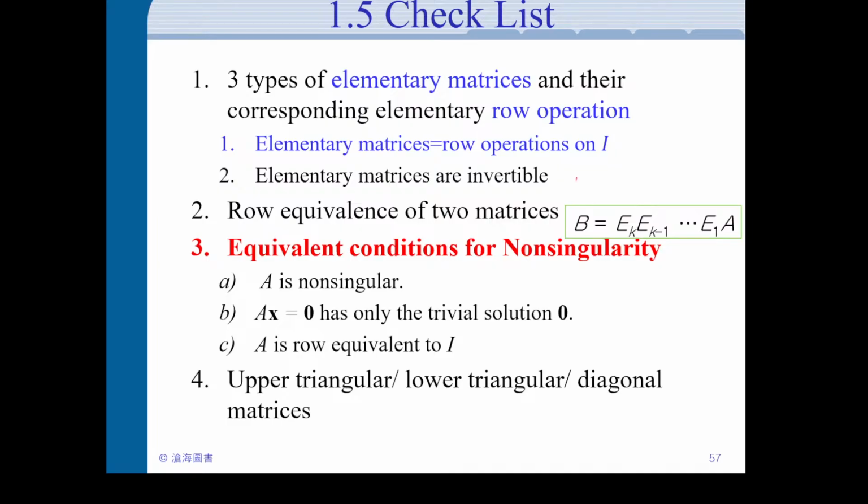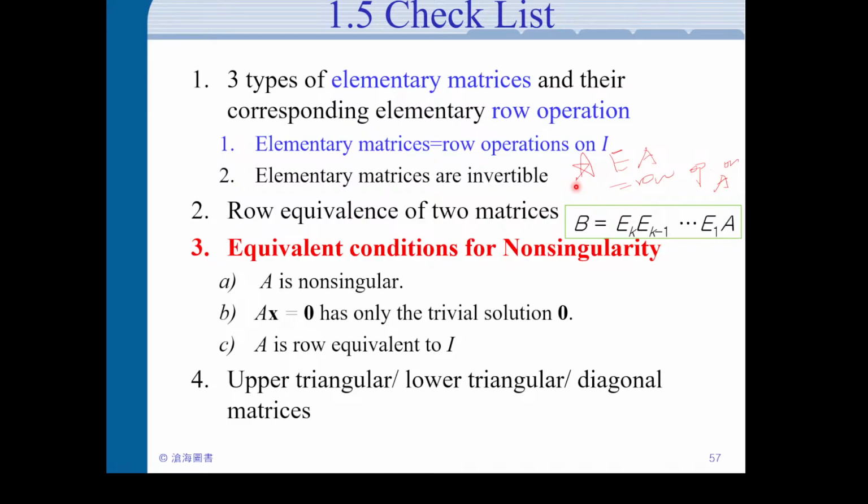another thing. Okay, so if we apply an elementary matrix E on A, that equals the row operation on A. Okay. So if you apply an elementary matrix on the left-hand side of a matrix, then that is equivalent to you doing the row operation on your matrix.